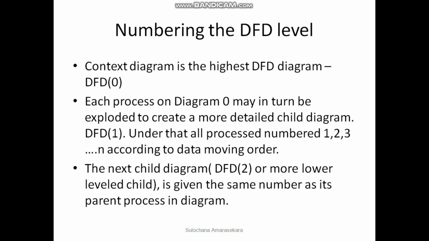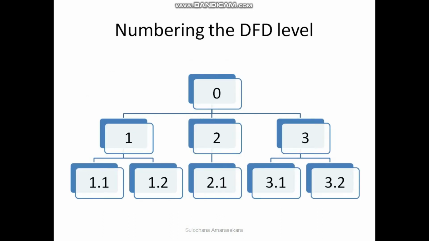It contains process units and we number those process units with integers like 1, 2, 3. The next child is DFD 2. We number process units in the DFD 2 diagram with the parent number and the functional order. We can draw lower level DFD diagrams if necessary.